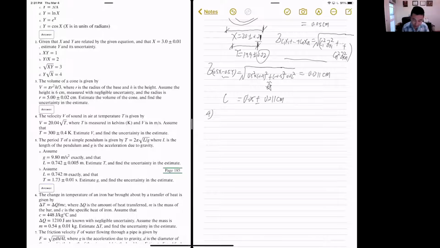So V is a function of T, the temperature. We know the uncertainty for temperature, and then we need to calculate the uncertainty for V. So which equation should we use?